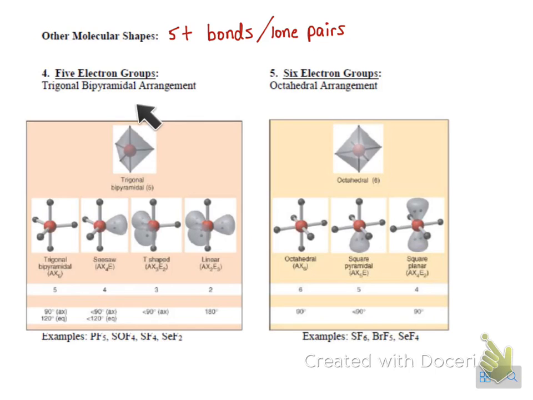If you've got 5 electron groups, you can have shapes called trigonal bipyramidal, which look like this, seesaw, T-shape, substituting lone pairs for bonds. We're not going to need to know these, but you should be familiar. If it has 6 electron groups, then it makes what we call an octahedral arrangement, which is 6 bonds as far apart as possible. And these are the shapes that we get.